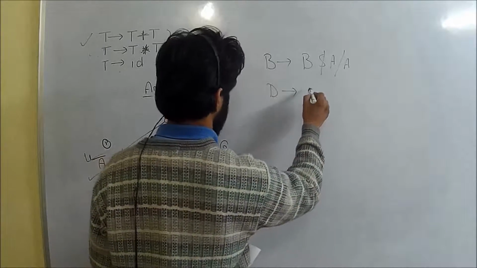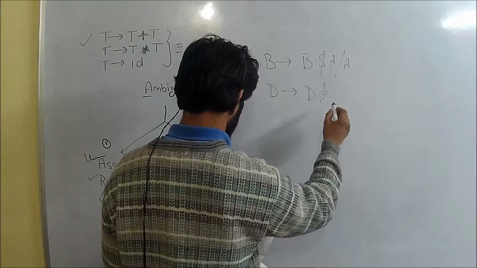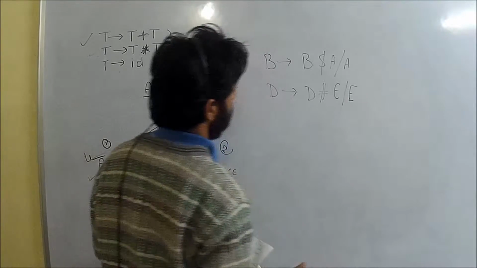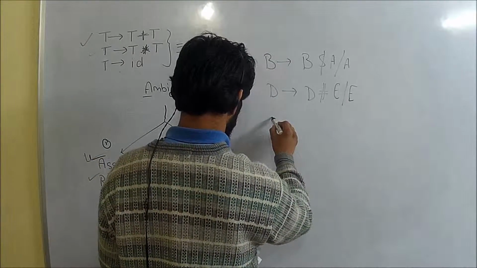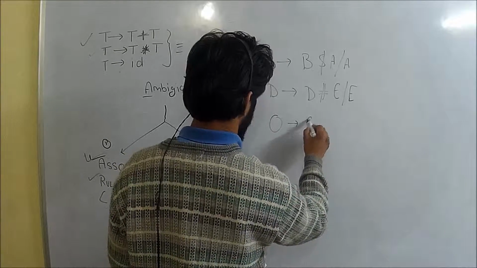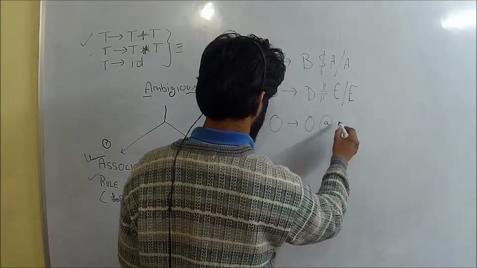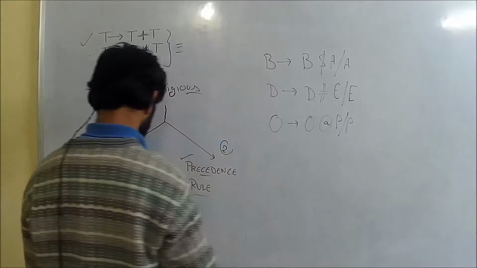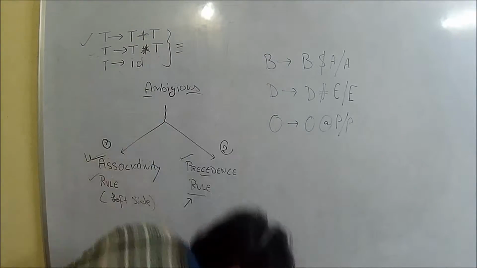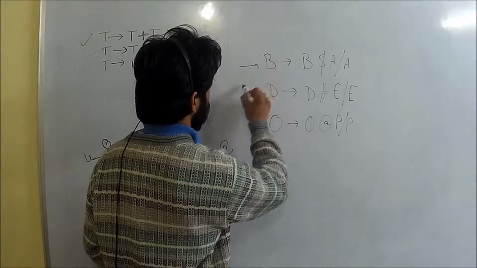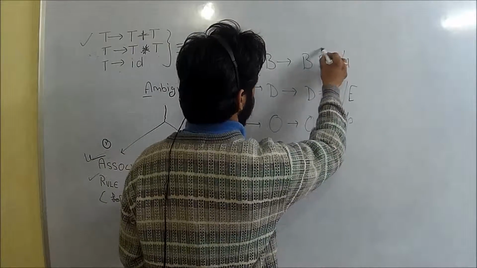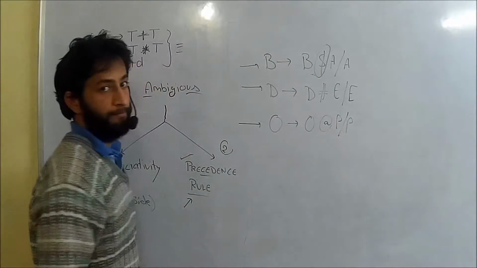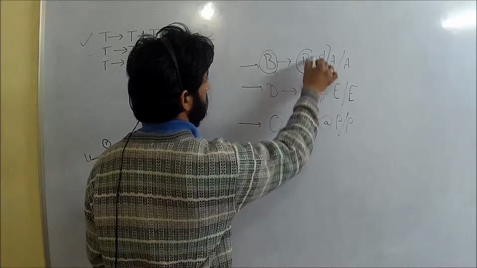Then D derives D hash E and E. Okay. Then O derives O at the rate P and P. Okay, so in the following grammar, dollar is left associative because of this.